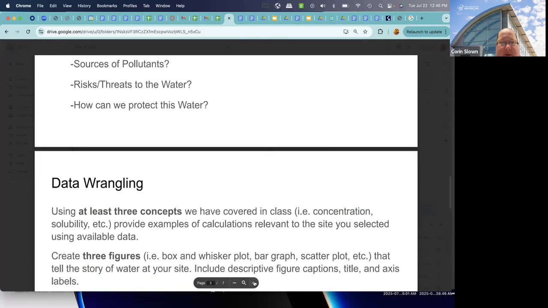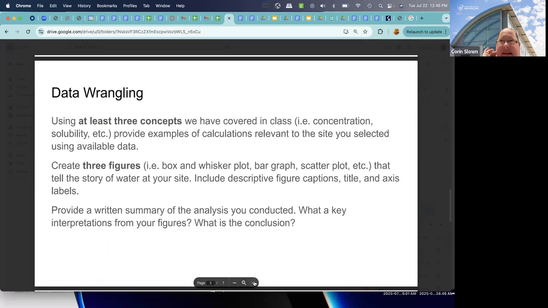For your data wrangling, it's at least 3 concepts, right? So concentration or solubility, or something associated with the meteorological, so the flooding, or the volume levels. And then you can either create or, if you appropriately source, your 3 figures that are going to tell the story of the water at your site.